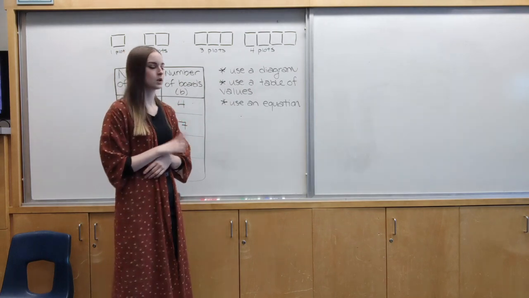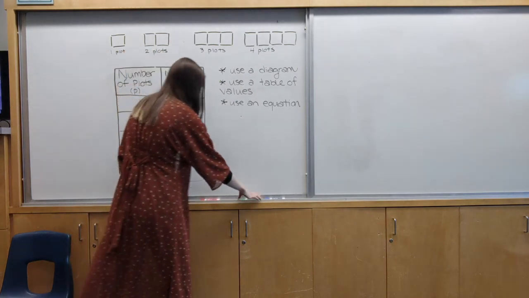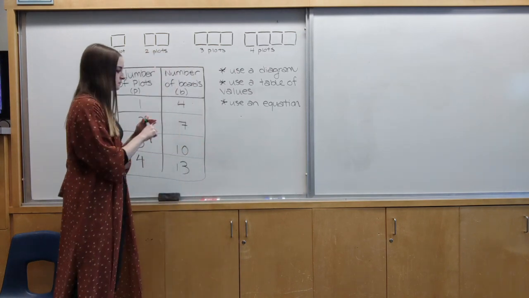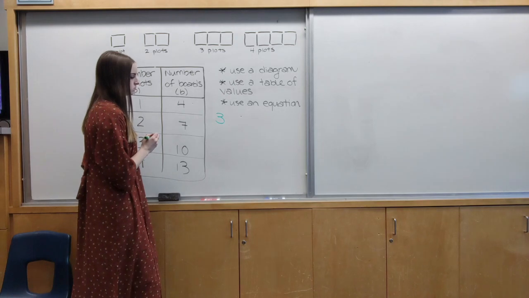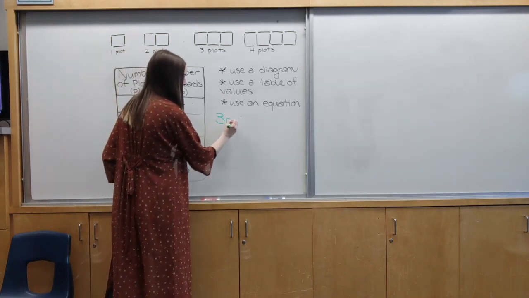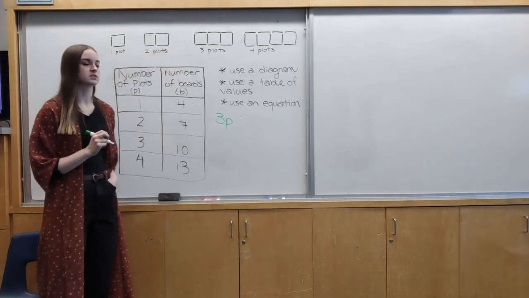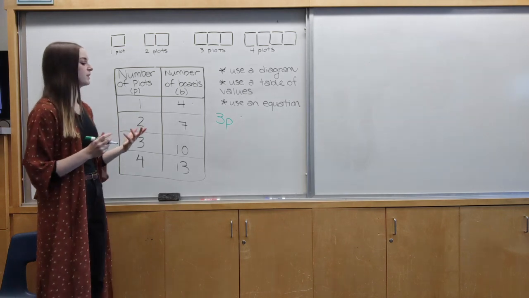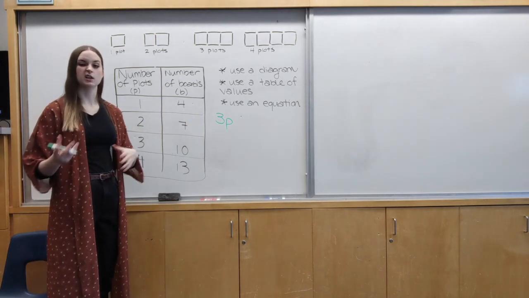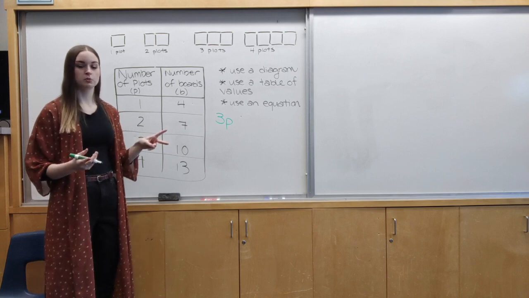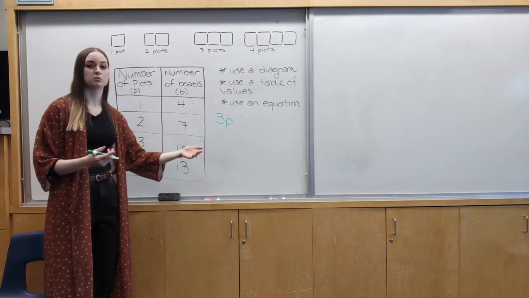a new plot. So what I'm going to do is try out an equation, and I'm going to say 3 multiplied by my plots. The reason I'm multiplying is because I'm thinking of it as 3 boards per every new plot, just like we thought of it as 2 new people per every new table.